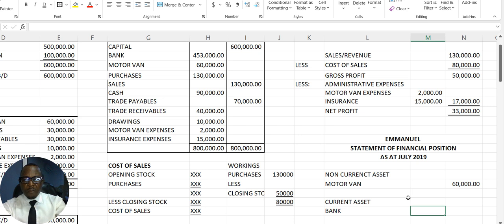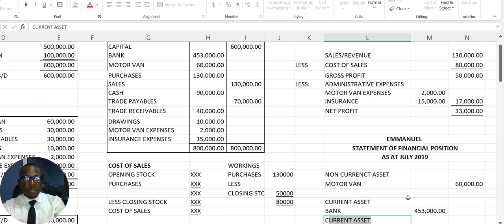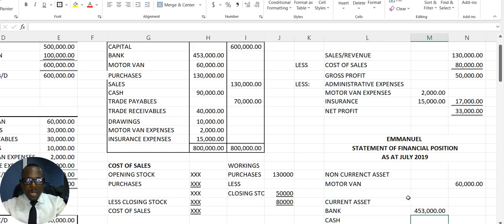How much is bank? 453. Yes, 453. All right. The next item is what? Cash. What is the balance on cash? 90,000.